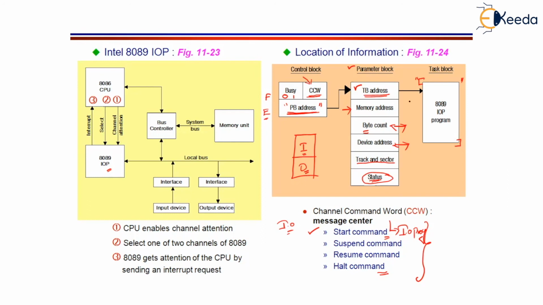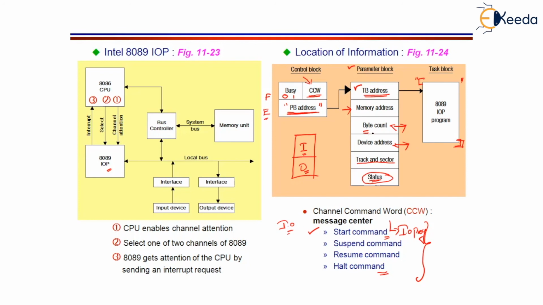In the parameter block, these are all the parameters that will be filled by the 8086. The first parameter filled is the task block address, that is the IO program's starting address, the pointer to the IO program. When the program gets executed, it requires certain data operands. For those data operands, the memory address will be specified in the memory address field.